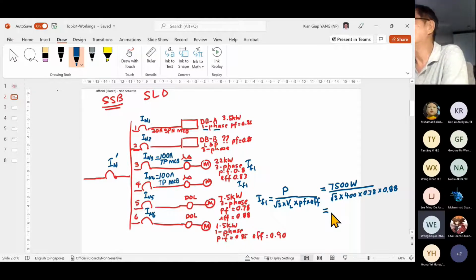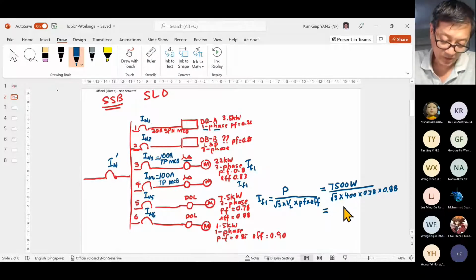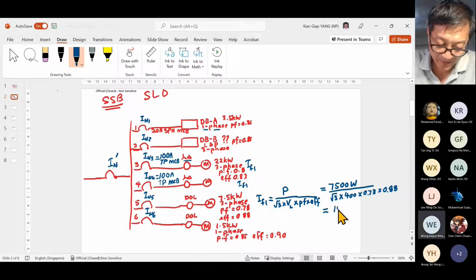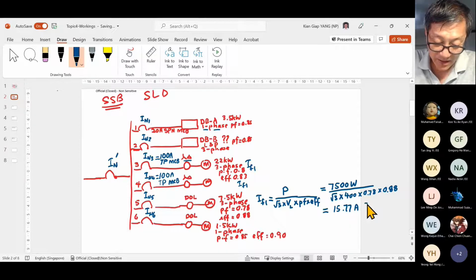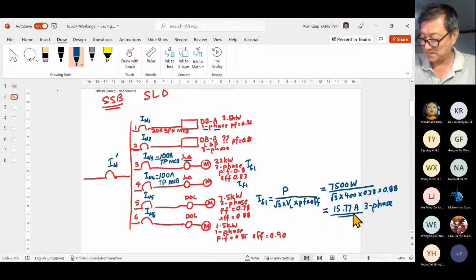What's the answer? I think it's 15.77. Mental sum. Anybody? You're so good at doing mental sum. Anybody want to challenge this answer? Come on.